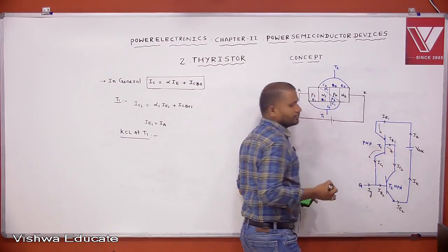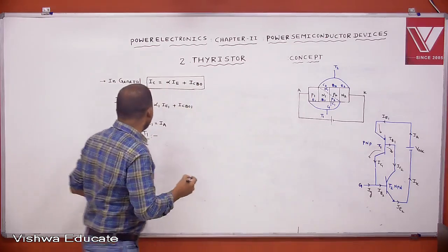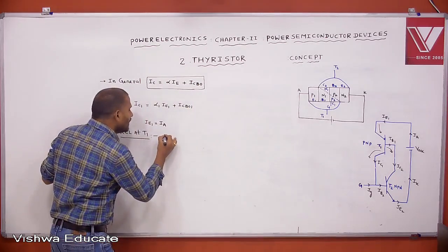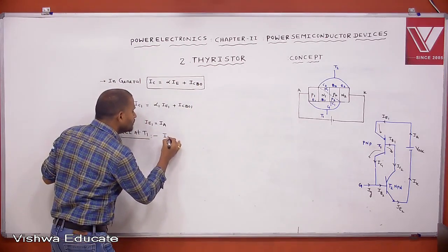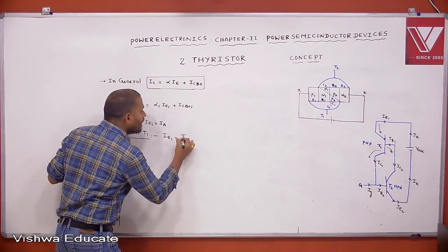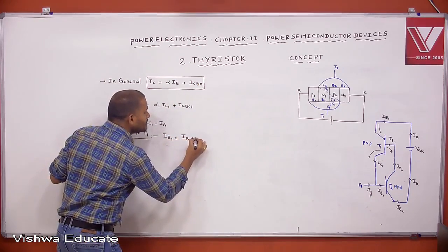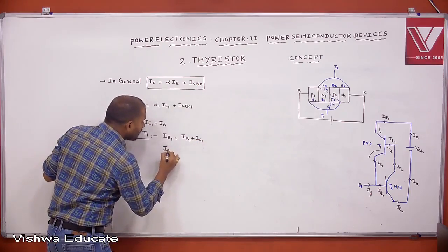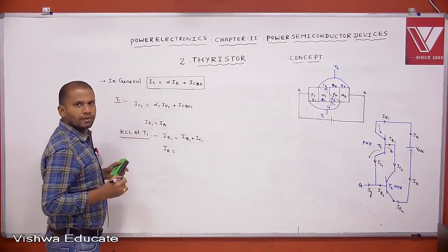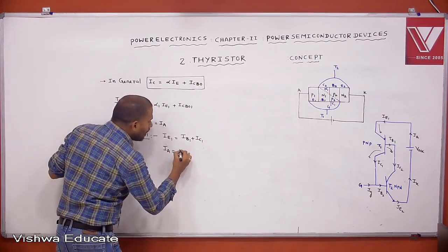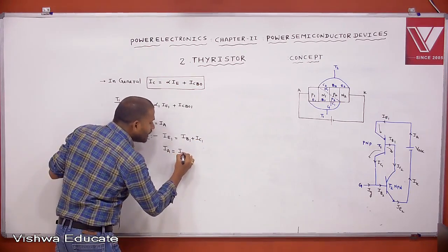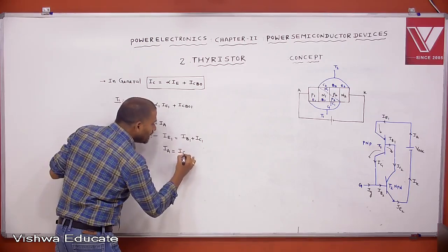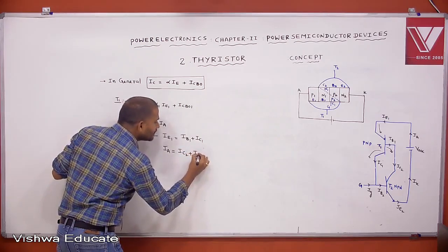Therefore, you write IE1 equals IB1 plus IC1. But what is IE1? IA, which equals IB1 plus IC1, that is IC2 plus IC1.